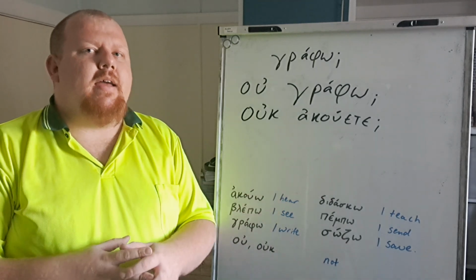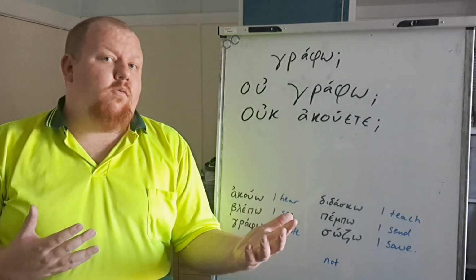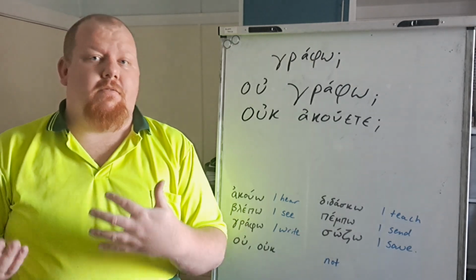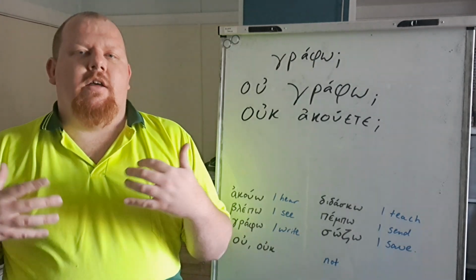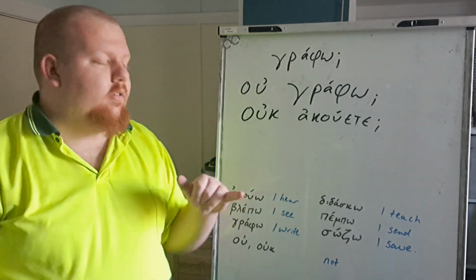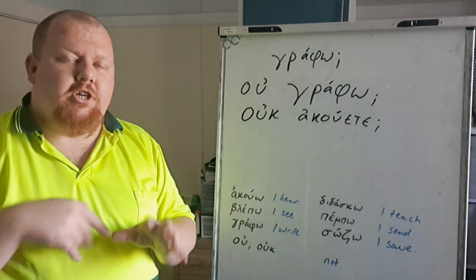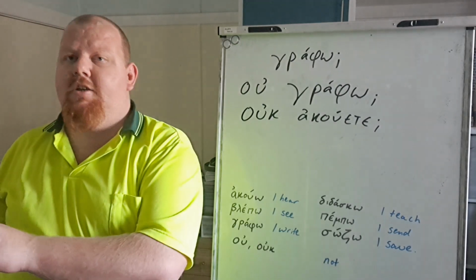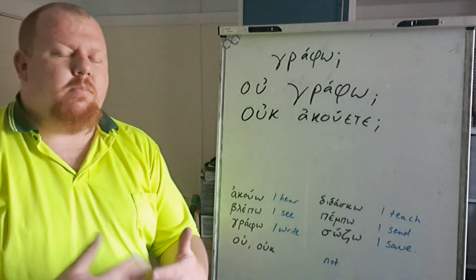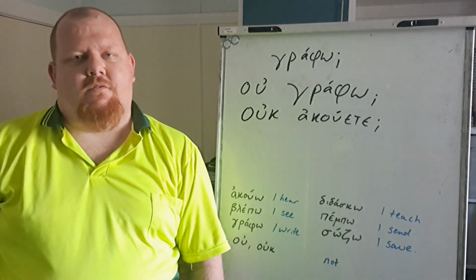So if you see a particular word with a particular ending and you are familiar with the verb in English, you might be able to guess roughly what the root word is, the I form, change the ending to an omega, and then go look in the dictionary and you'd be able to find what it means. And then you'd be able to translate the verb in that form in the sentence.